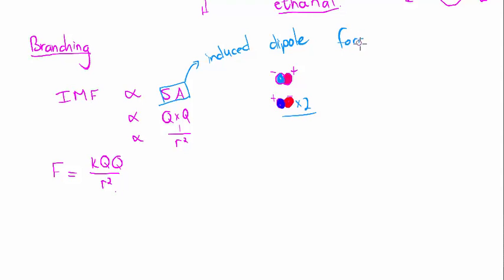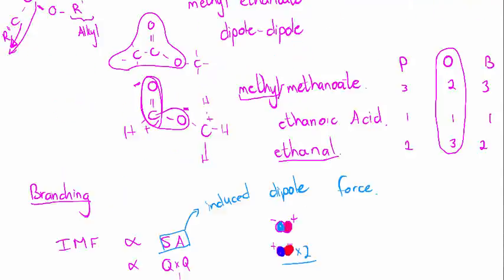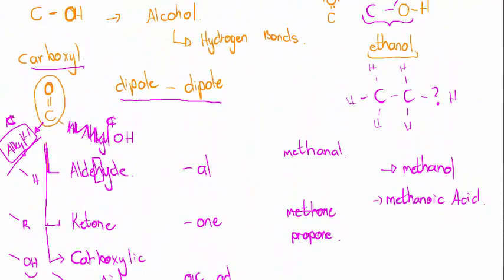forces don't exist until the molecule gets bigger and bigger and bigger. So even in dipole-dipole forces, when the molecule gets bigger, all of a sudden we also have induced dipole.